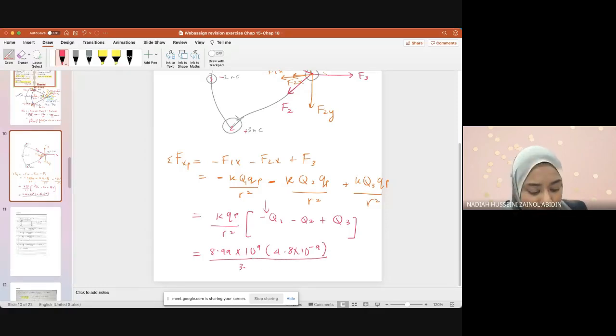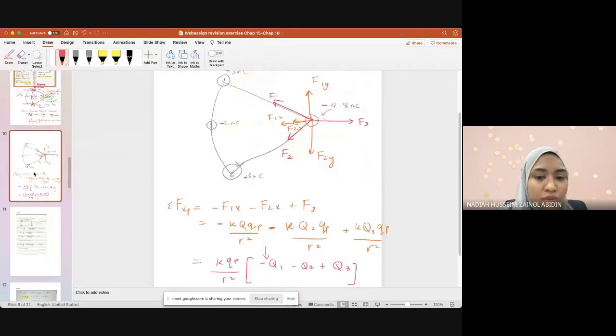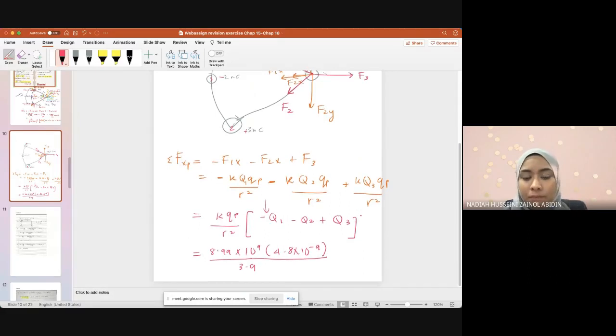And then R is 3.96 times 10 to the minus 2. Okay, and then this guy is minus 3 nanocoulomb, so times 2 just 6 nanocoulomb, 6 nano plus 2 nano.